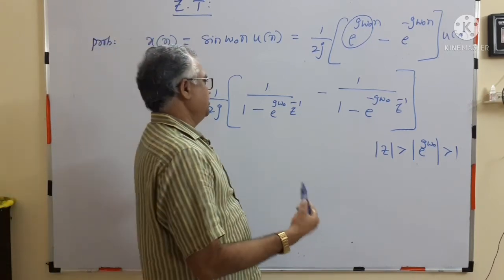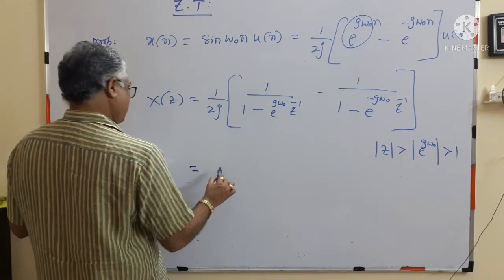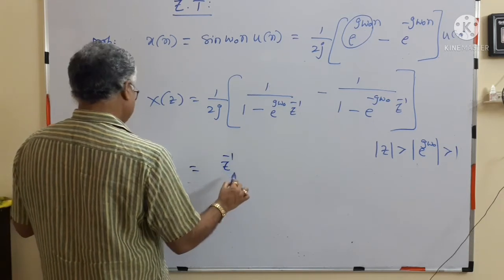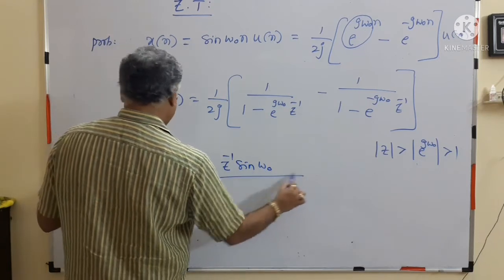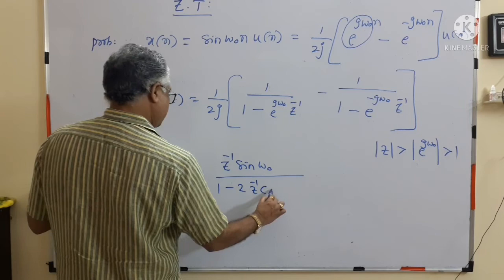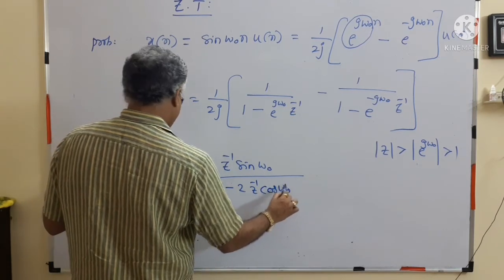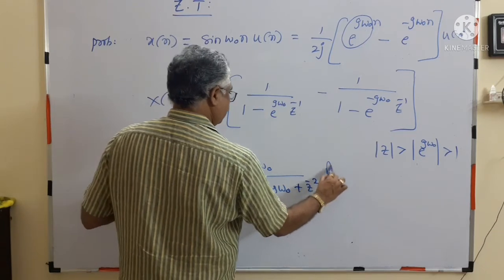So mod z greater than 1. So simplify carefully. You get z inverse sin omega naught by 1 minus 2 z inverse cos omega naught plus z inverse square, that is the answer.